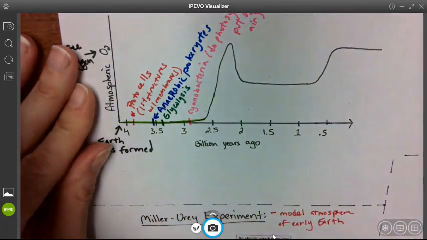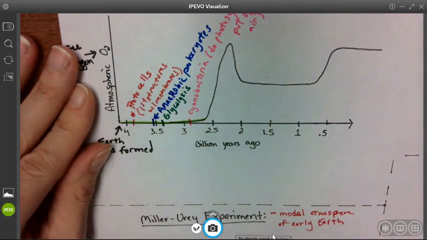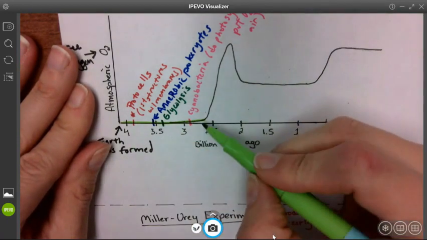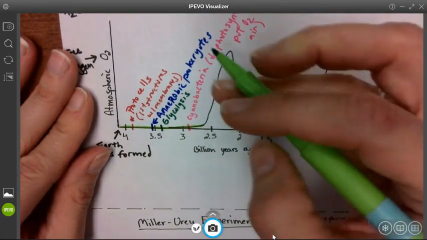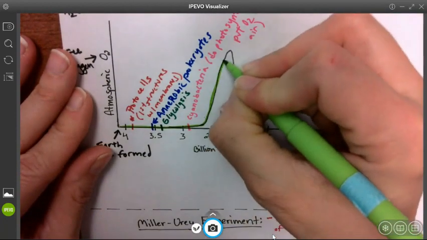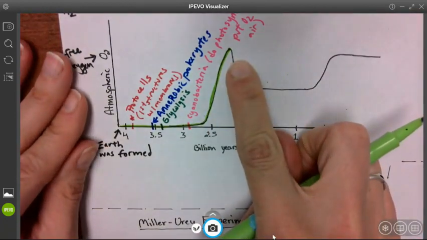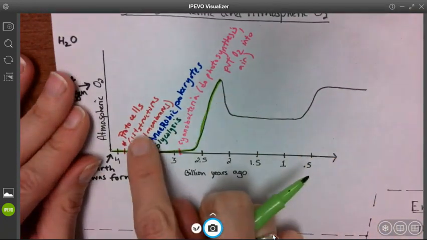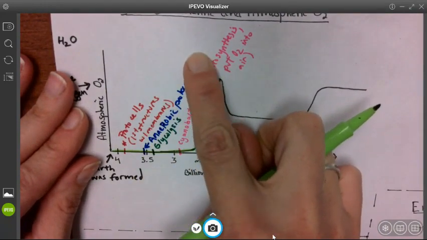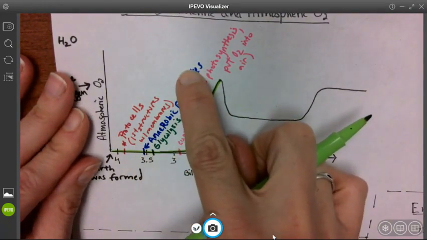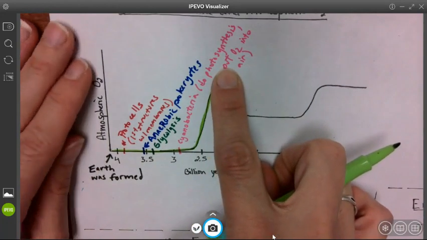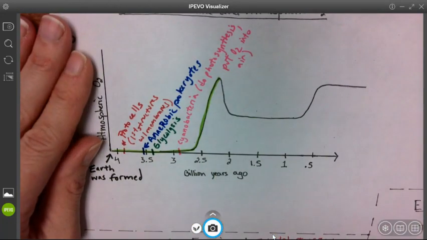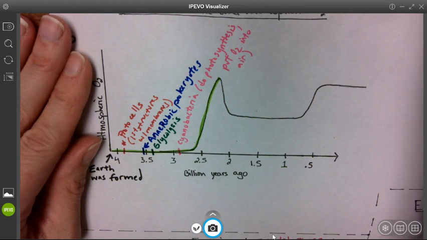And you can actually see right after they evolve, as there's more and more of them, this huge rise in atmospheric oxygen. That would have killed off many of these anaerobic prokaryotes unless they lived in areas where they could still live without oxygen, right? And that kind of leaves a space in the ecosystem for other organisms to evolve.